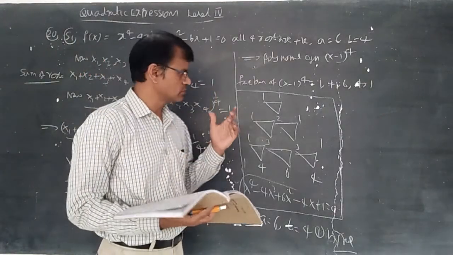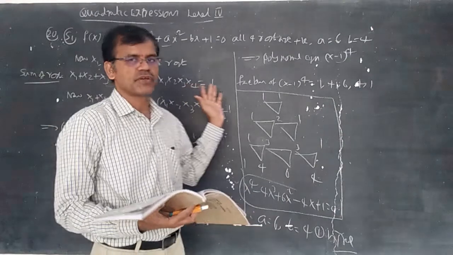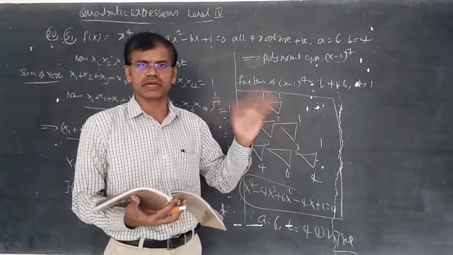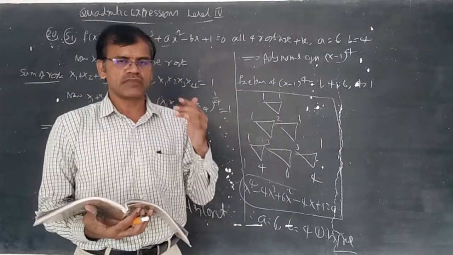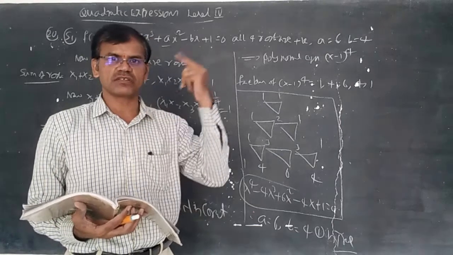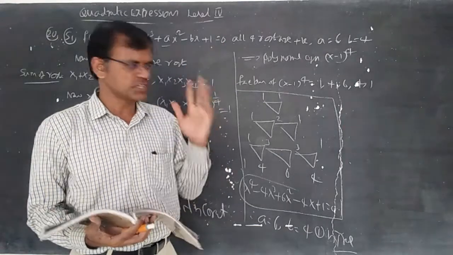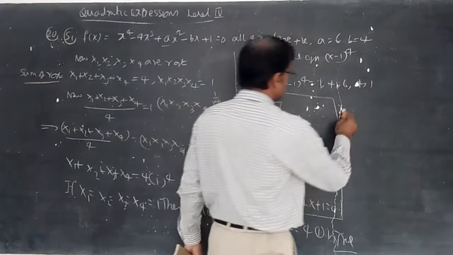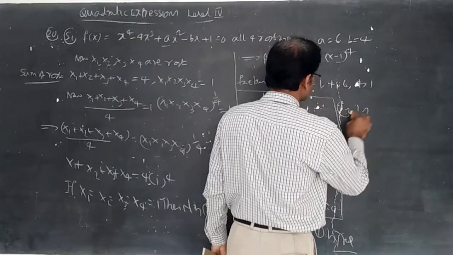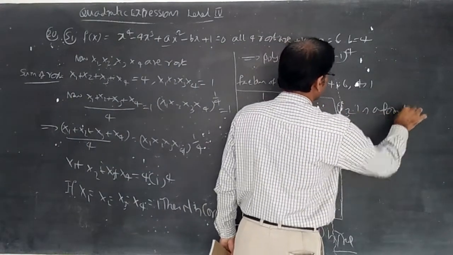Already we proved just before class that if a cubic equation's derivative becomes a second degree equation, and the second degree equation has 2 real roots, then the cubic equation has 3 real roots. It is a rule. So S2 is a formula.